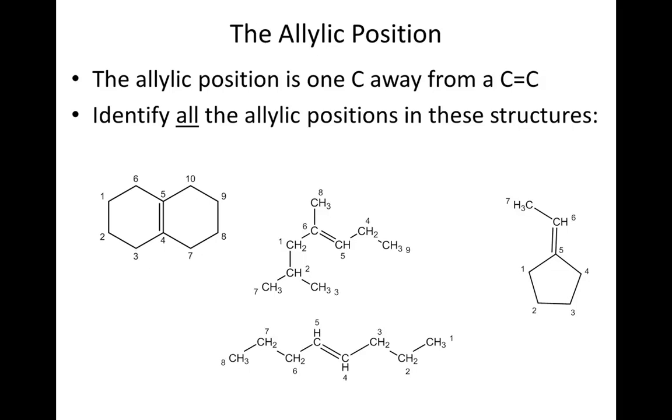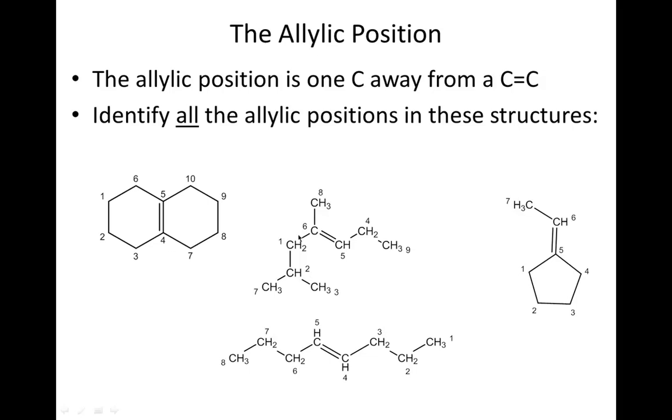Now, about this particular molecule, you see there's symmetry in here, and so I can't really tell the difference between 6, 10, 3, or 7. They're all identical in that sense of being allylic, and because of symmetry, all identical, which is not true of this molecule. Here the double bond is between 5 and 6, the way this is numbered, and 4 is allylic, 8 is allylic, and 1 is allylic.